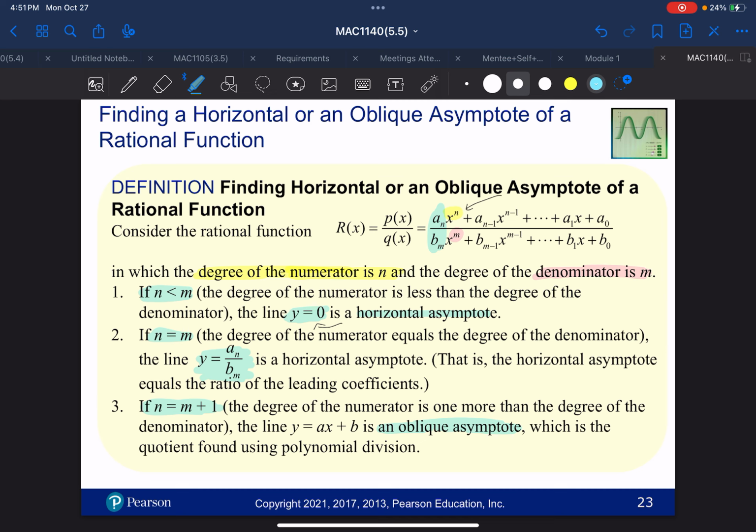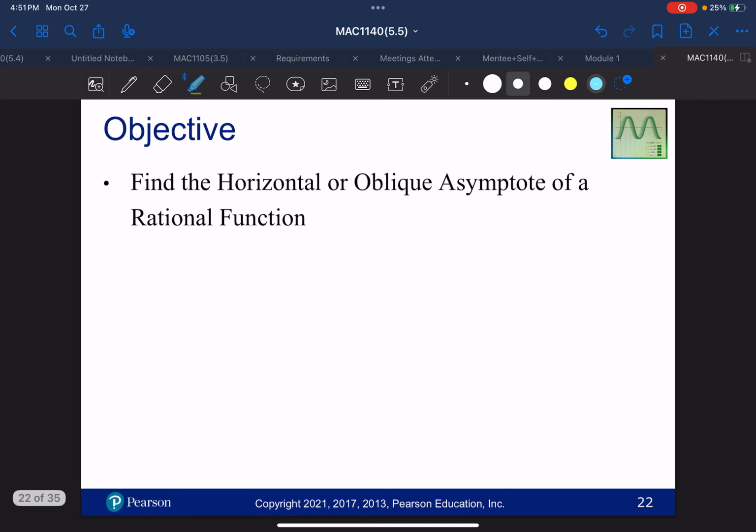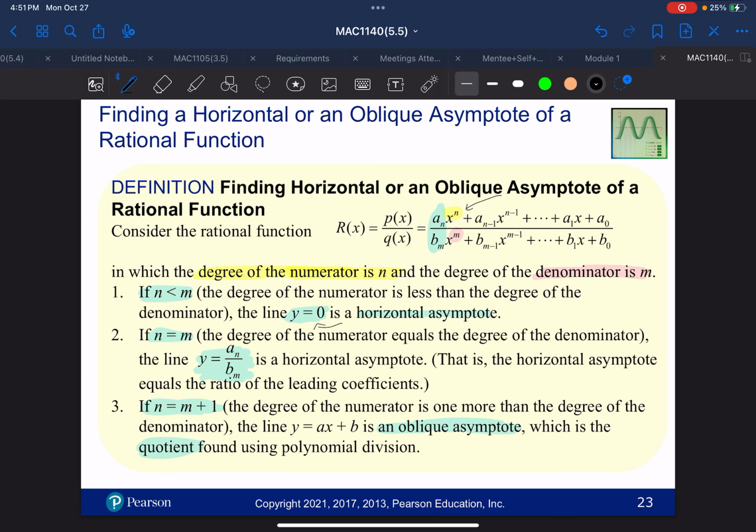We can find that by doing the polynomial division of that rational function and finding the quotient. So the oblique asymptote will be equal to the quotient found by doing that division. Okay, so there are 3 rules that we just have to follow in order to find the horizontal asymptote.